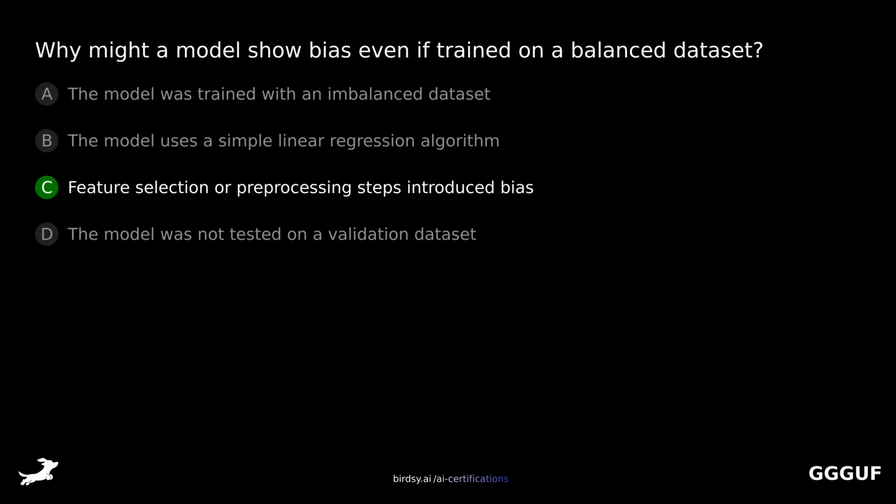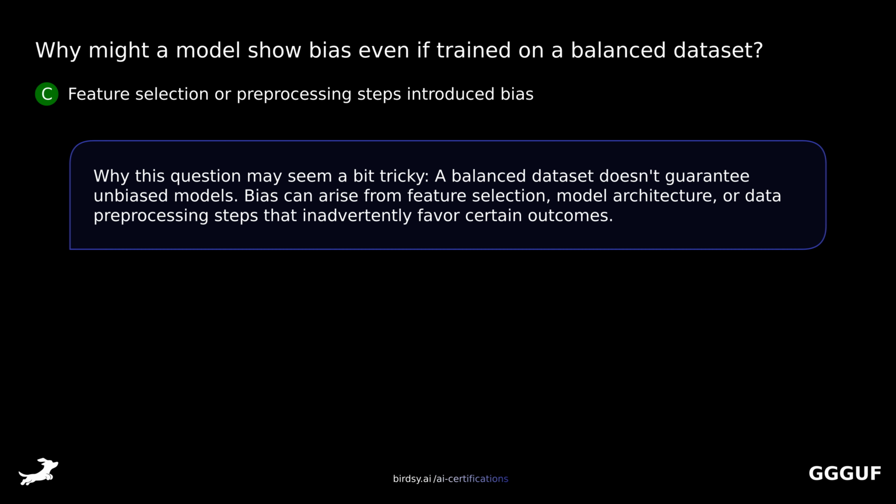The answer is C, feature selection or pre-processing steps introduced bias. Why this question may seem a bit tricky. A balanced dataset doesn't guarantee unbiased models. Bias can arise from feature selection, model architecture, or data pre-processing steps that inadvertently favor certain outcomes.